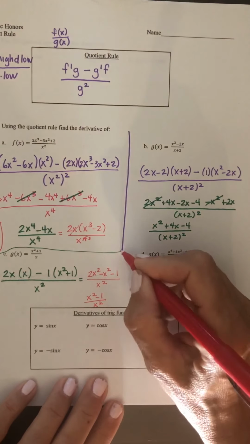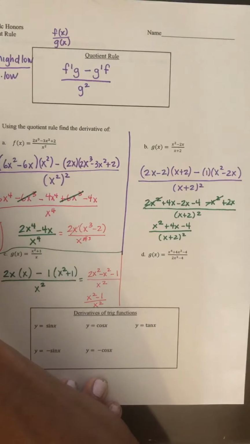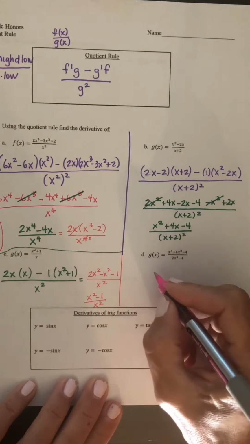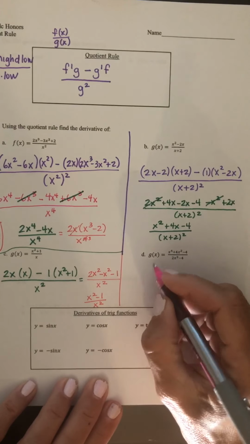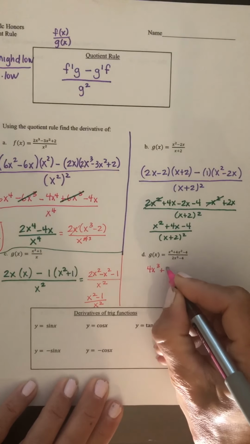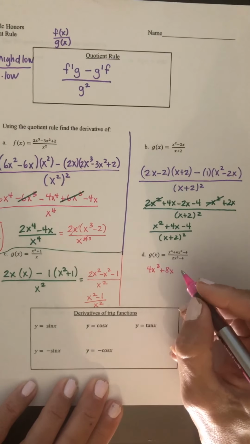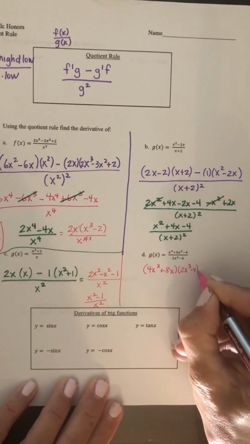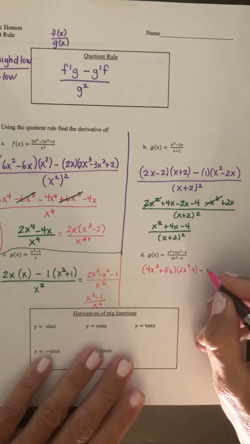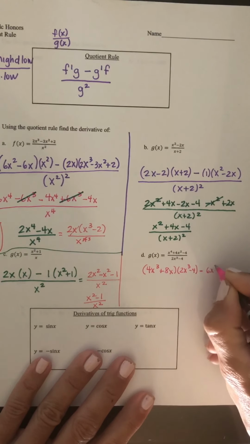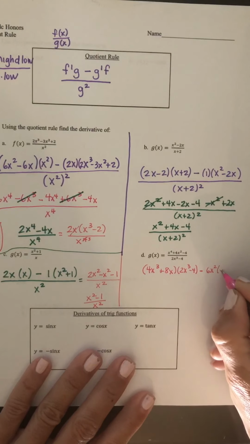All right, so here we go. Let's see. Let's do pink. All right, derivative of the first, which is, let's see, 4x cubed plus, looks like 8x, derivative of the first times the second, minus the derivative of the second, which is going to be 6x to the second, times the first.